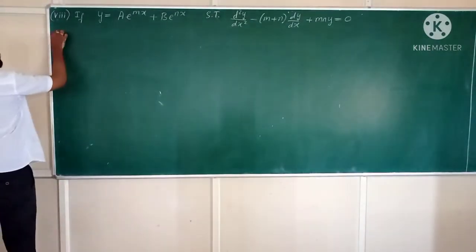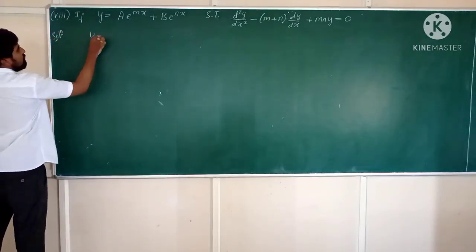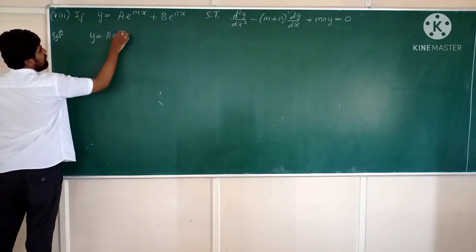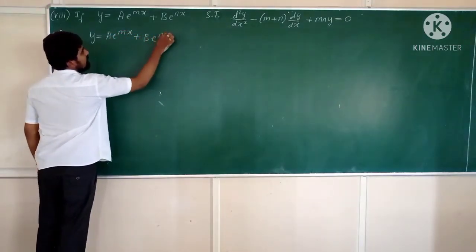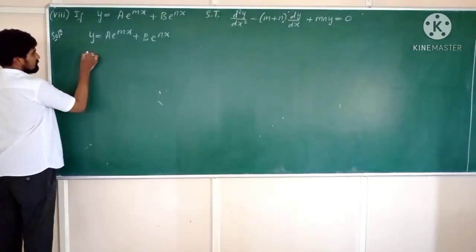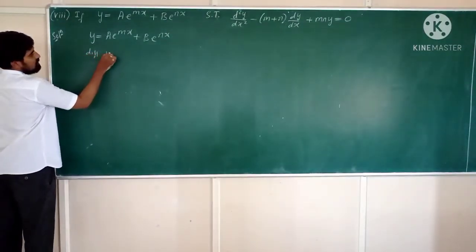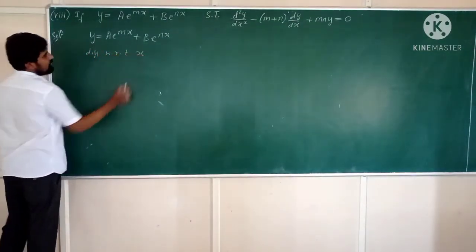So first, the given value of y is equal to a e power mx plus b e power nx. Differentiate with respect to x.